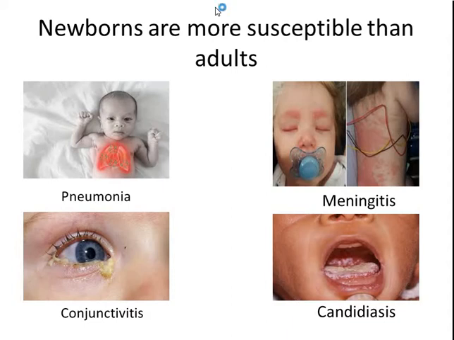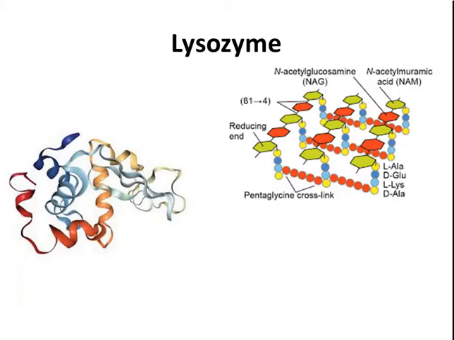The low pH protects adults from certain diseases like pneumonia, meningitis, conjunctivitis, candidiasis and many more. The gastric pH is one of the factors which protects adults from certain diseases which are common in newborns. So the chemical mediators include lysozyme.